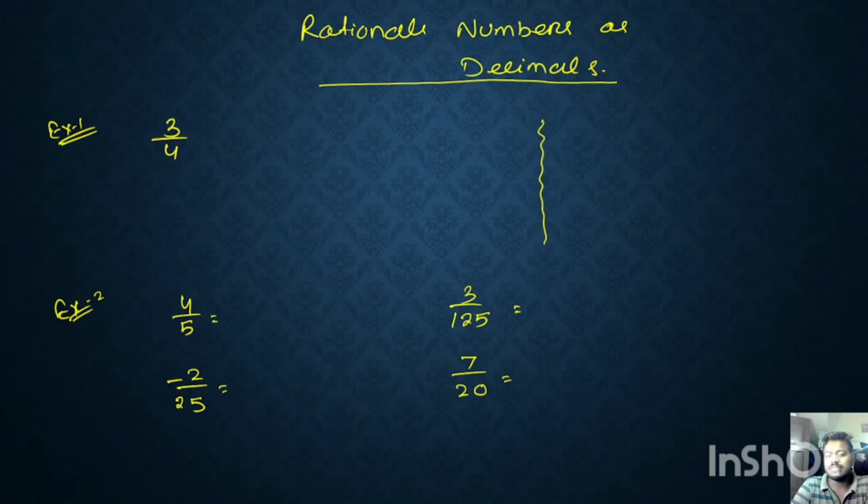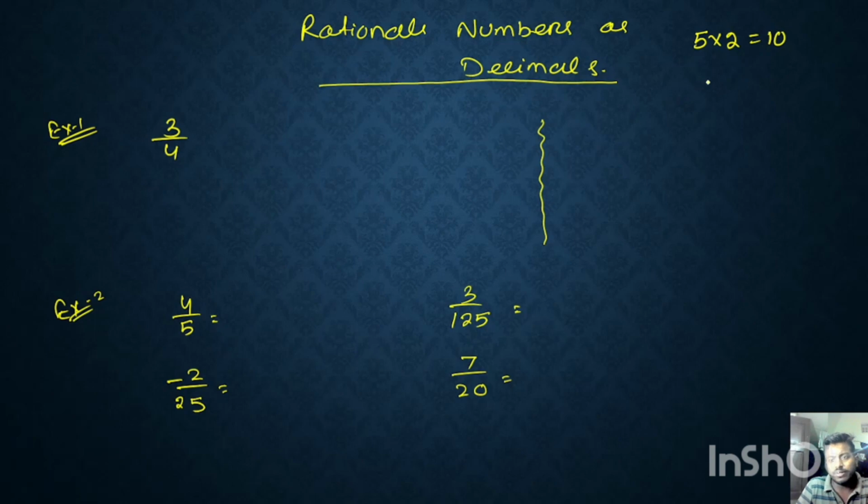Now next, rational number as decimal. If the denominator is not 10, 100 or 1000, what to do? First we convert it into 10, 100 or 1000. So remember these things: if the denominator is 5, we multiply by 2 to make it 10.